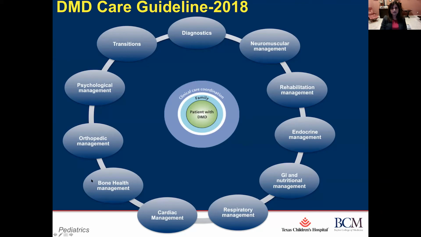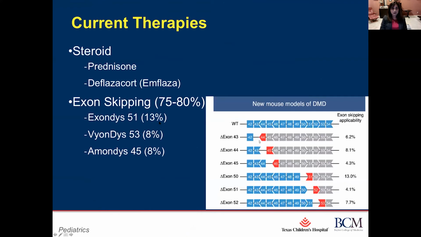So these are the 11 areas which we have to address when we see patients with Duchenne muscular dystrophy, and we try to get them into our multidisciplinary clinic where they can see as many of the specialists as possible at one time.